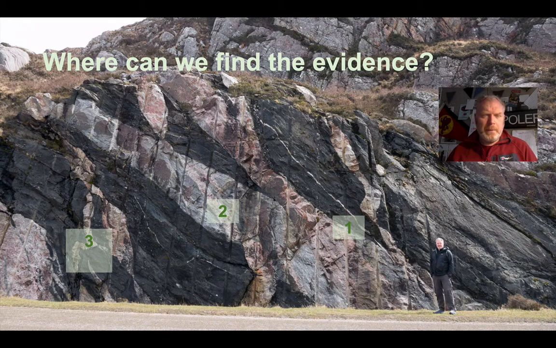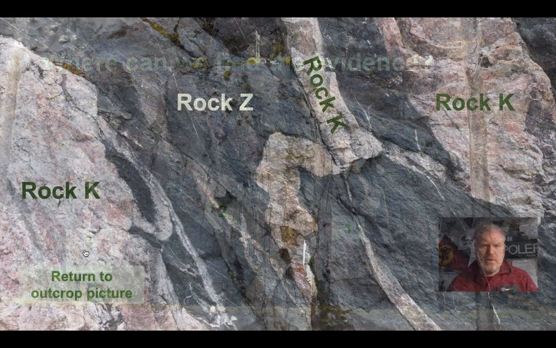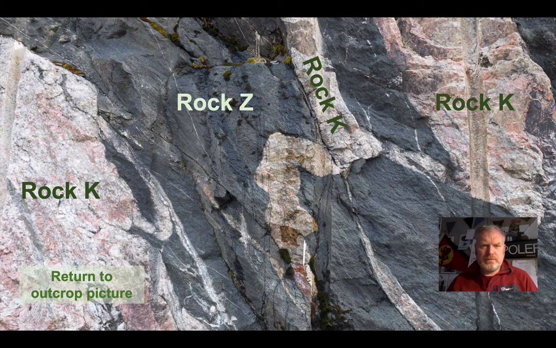Okay. We also have then location 3, which covers this area down in the bottom left. Here we can see rock K and its very coarse crystals, and rock Z, the darker coloured crystalline rock.